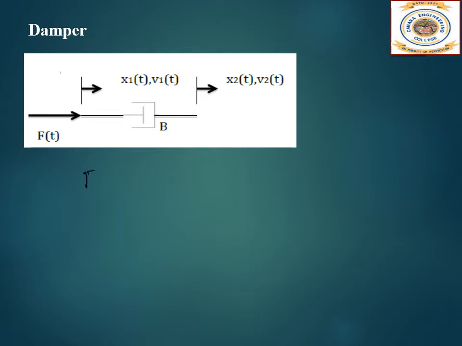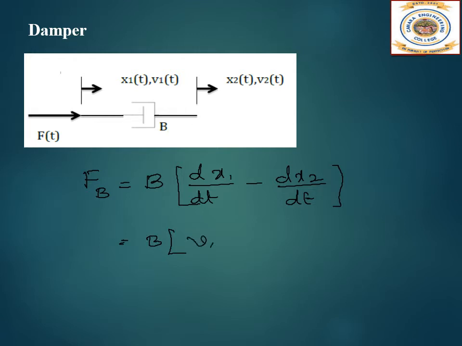So the force here is Fb equal to b into dx1 by dt minus dx2 by dt, or in terms of velocity, b into v1 of t minus v2 of t.